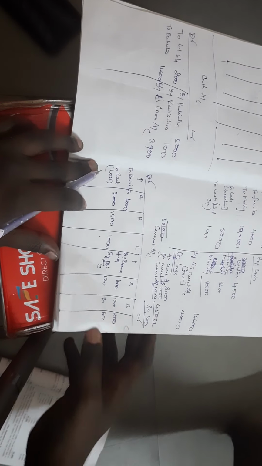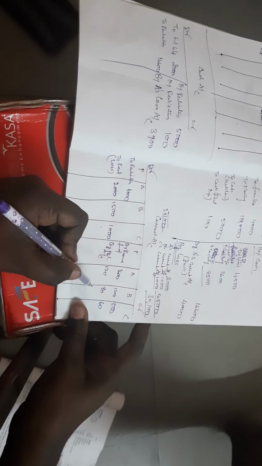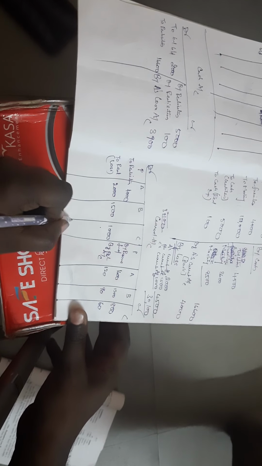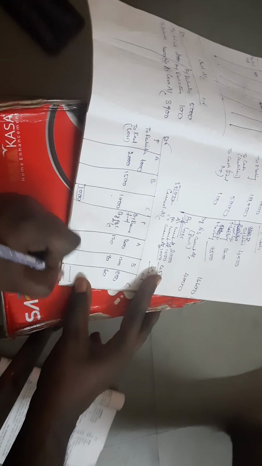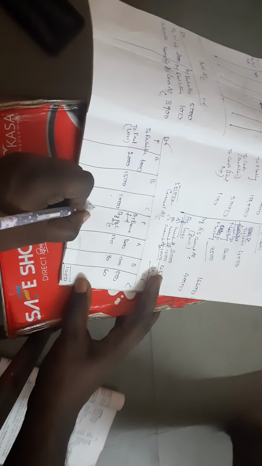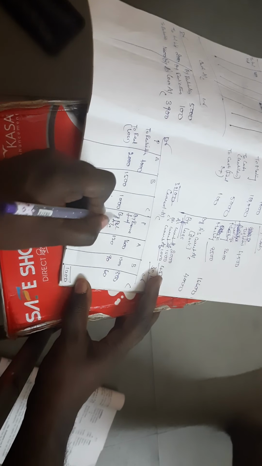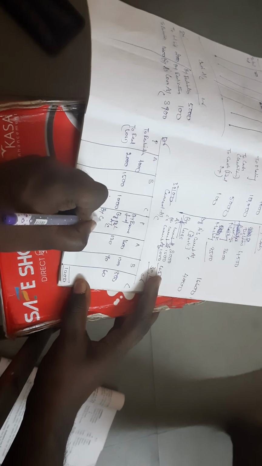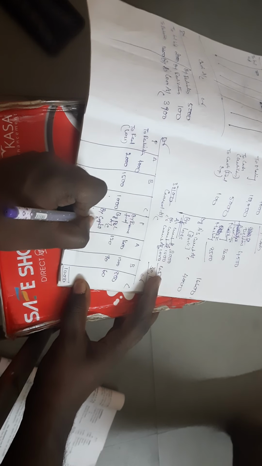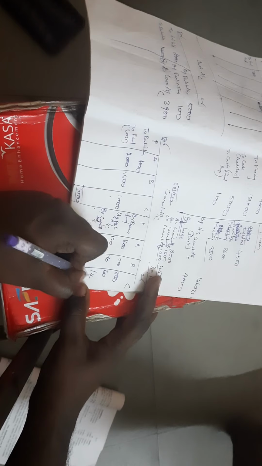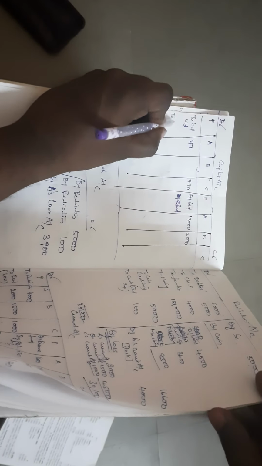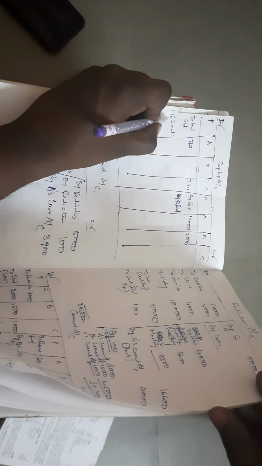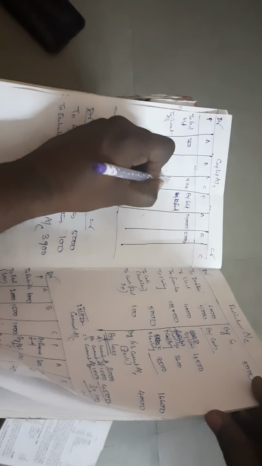Debit side 1,000 and credit side 860. So the difference amount is 140. So now by capital account, we are transferring to capital account. How much? 140. So capital account debit. So now to current account, how much? 140.